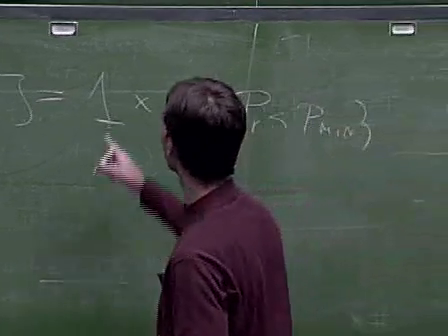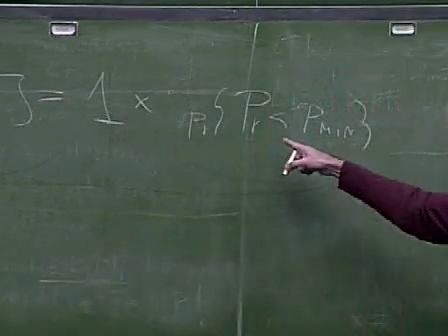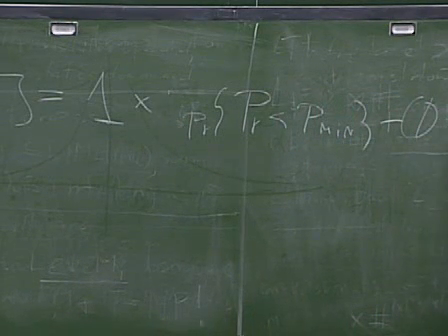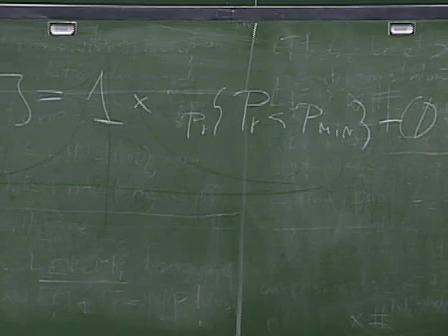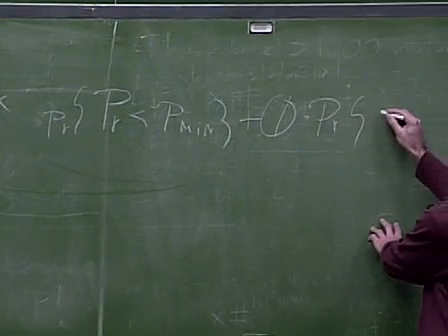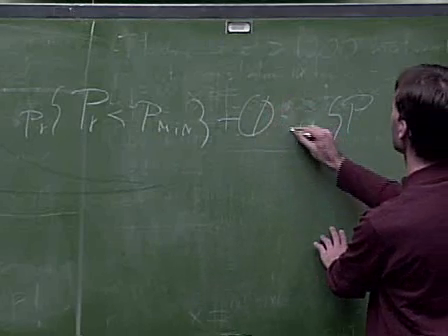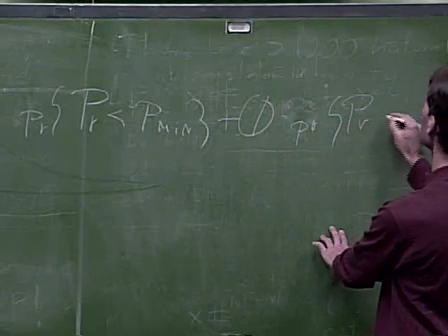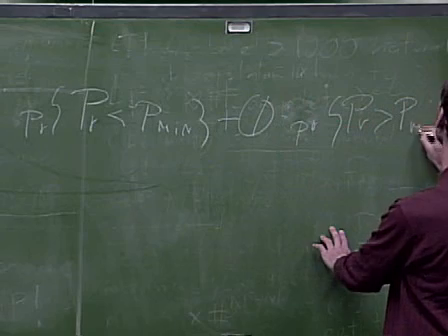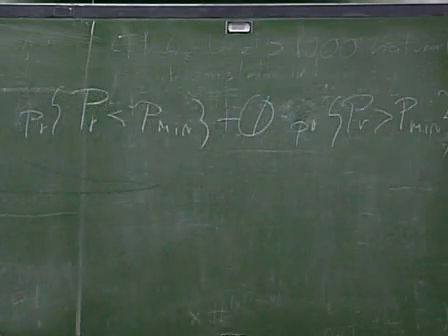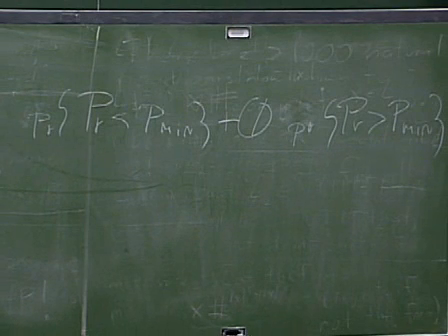Okay, so 1 times the probability that we have a 1 plus 0 times the probability that we have a 0, which is the probability that the received power is bigger than P min. Everybody understands this formulation of probability?